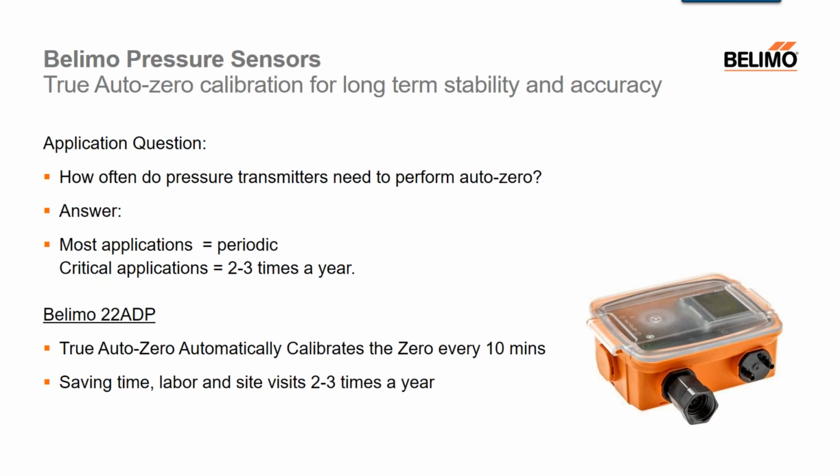The true auto zero calibration from the Belimo 22 ADP electronically adjusts the transmitter's zero every 10 minutes. This function eliminates all output signal drift caused by thermal, electronic or mechanical effects, ensuring high accuracy and repeatability without the need of a technician, and also eliminating site visits or manual push button auto zero calibration 2 to 3 times per year.